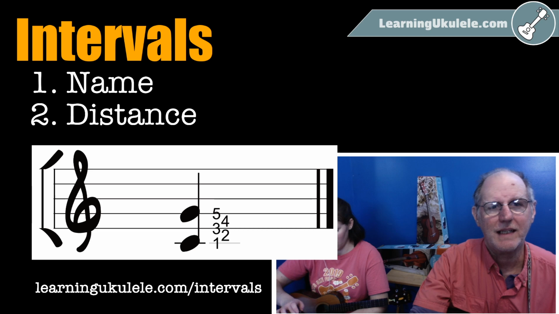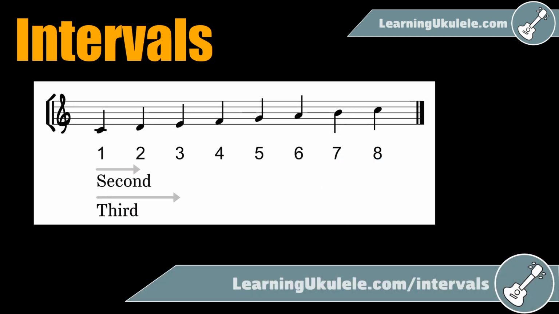Now we can also get the interval from a scale. If we took the C major scale, I think we covered that before somewhere. It's good to know the C major scale on your instrument. Now piano players have it easy, which we'll see in a second.